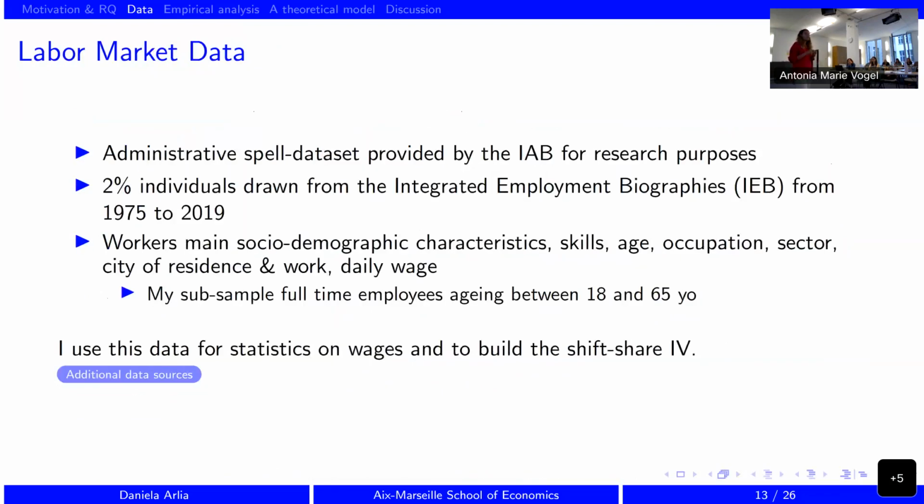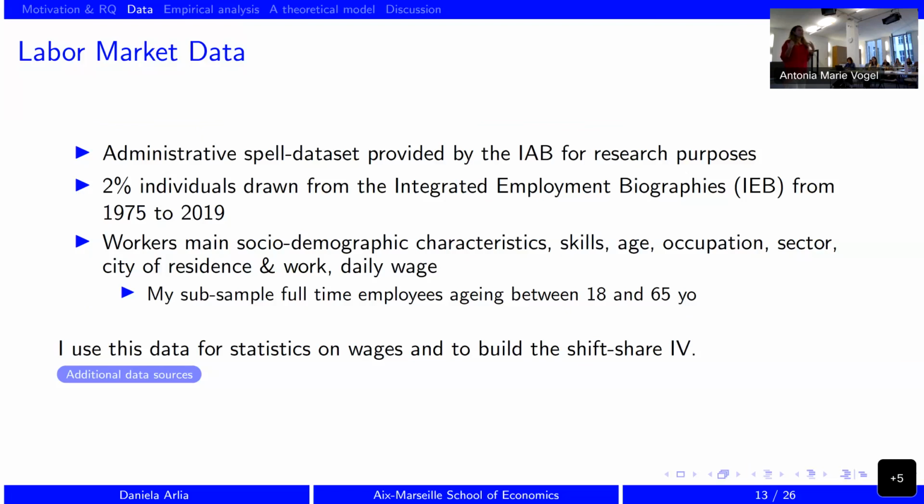And for the labor market side, I have access to the administrative spell dataset from the IAB. This is the data called SIAB. It's 2% of individuals drawn from the integrated employment biographies from 1975 to 2019.